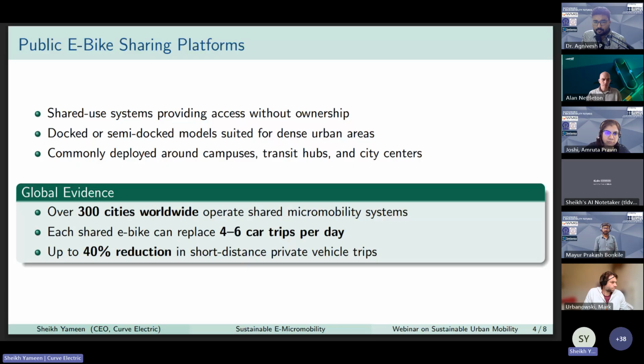We have seen this in our case. We expected that the middle class and the upper middle class would use our e-bikes more, as they are more aware about this kind of system. But the lower strata of the society are using our system like anything.